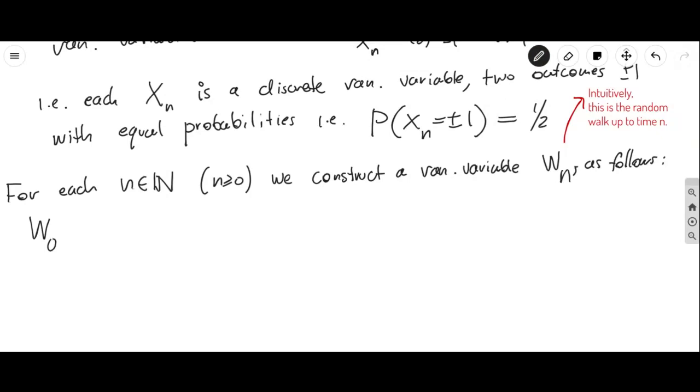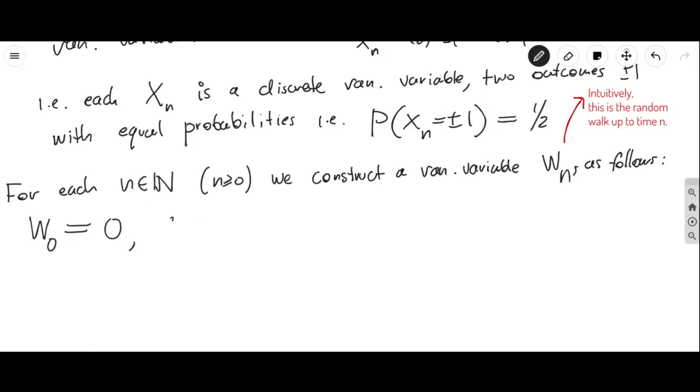We define W0 to just be equal to 0. This is a random variable, by the way. I know you can say it's not really random because it always gives you 0. But under our definition of a random variable, it's just a function on the sample space. So this is the function that assigns the value 0 always. That's not very interesting.